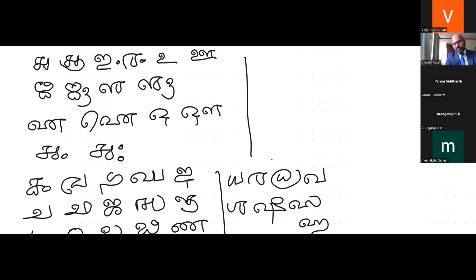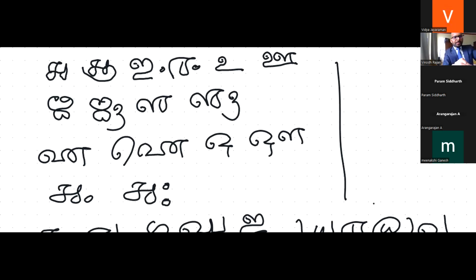So these are the consonants, and to reiterate the confusables, you have ka and you have a.